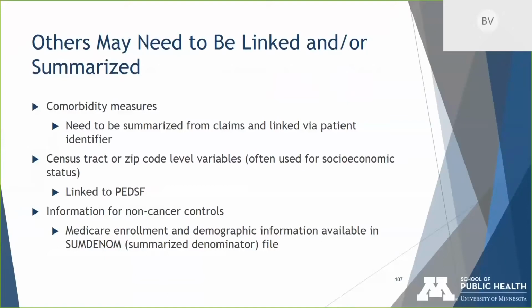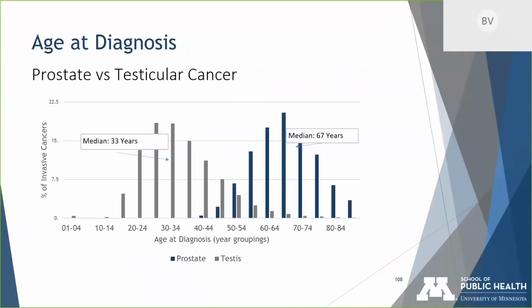There is a separate file for census tract level variables, which can be linked to the PEDSF using census tract code. And then there's information for non-cancer controls. That's found in the summarized denominator file, or the sumdenom file. We don't have any cancer information on them, obviously, but we will have some of the other demographic information and also their Medicare enrollment that we can use, again, to create that cohort.